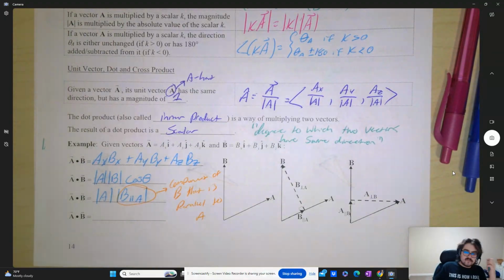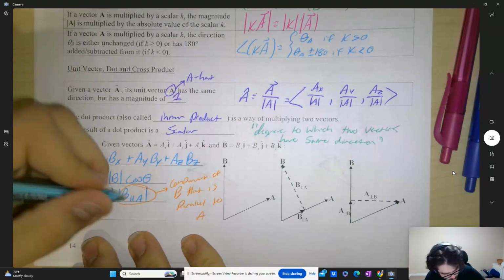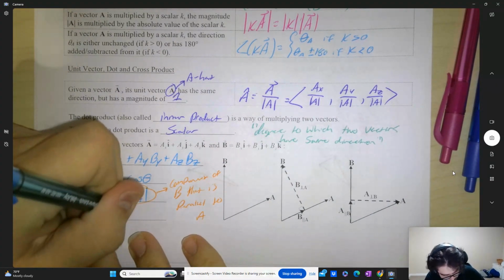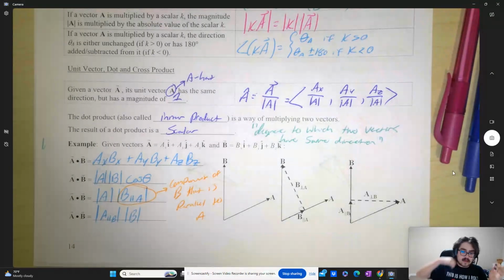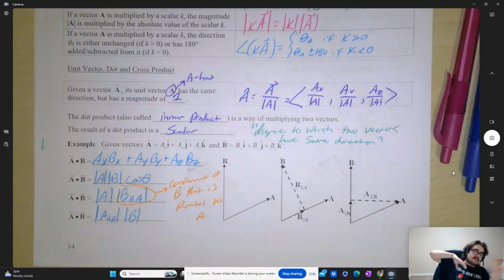Because it's the degree to which two vectors have the same direction. The last one is the component of A that's parallel to B times the magnitude of B. So really, it doesn't matter. You're basically taking the component that's parallel to that vector, because again, same direction, right?